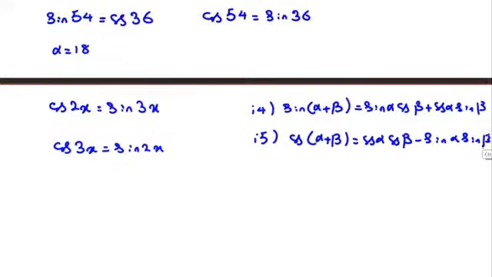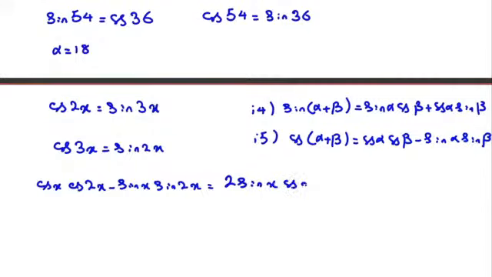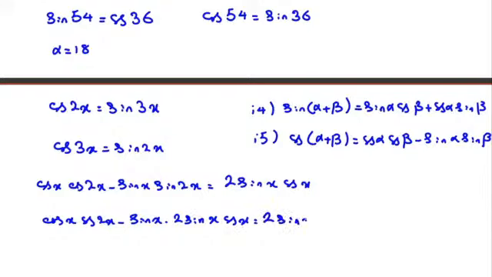So if you use these two formulas, cos 3x will be cos x cos 2x minus sine x sine 2x. And here it will be sine 2x. If you use this, it will be 2 sine x cosine x. And we can rewrite it as cosine x cosine 2x minus, instead of sine 2x, we write 2 sine x cosine x using identity 4.